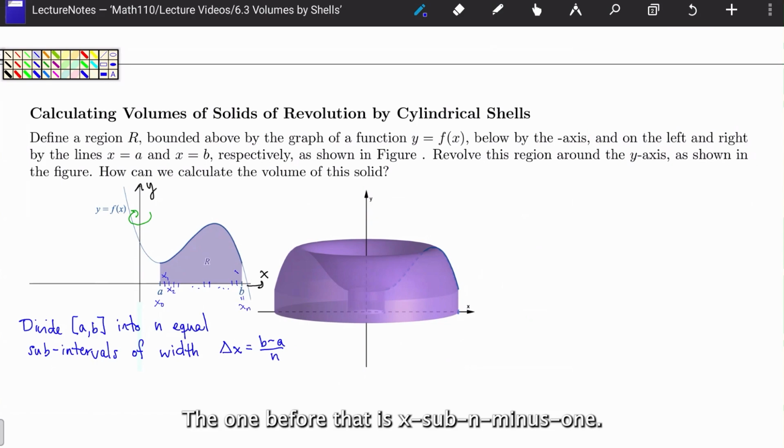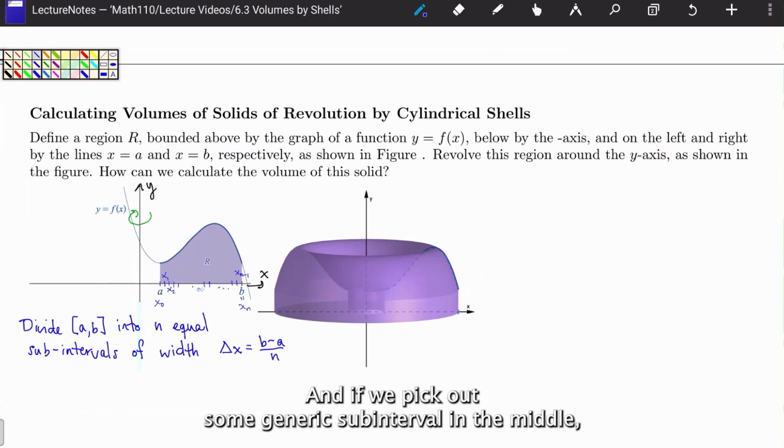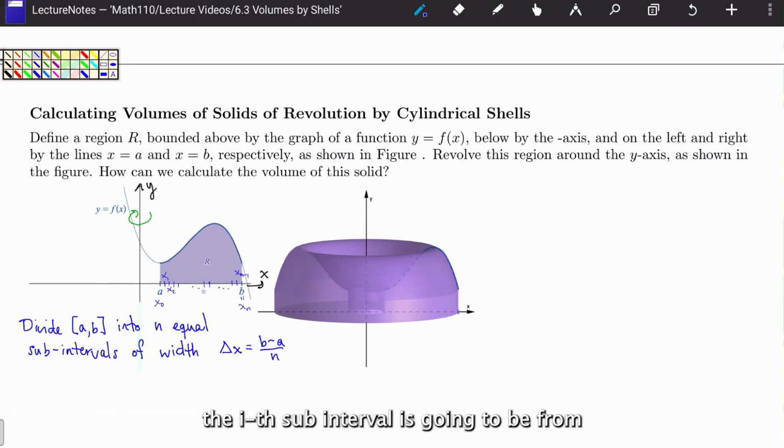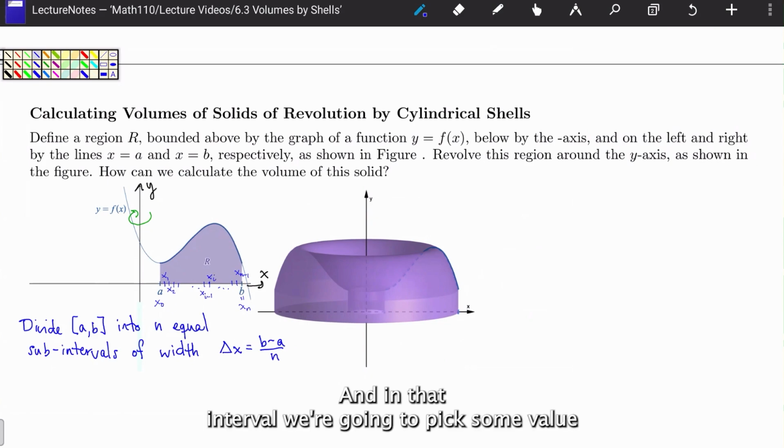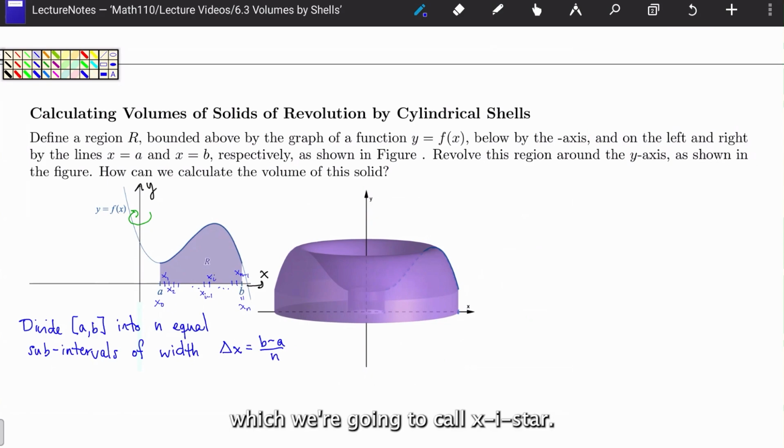One before that is x sub n minus 1. If we pick out some generic subinterval in the middle, the ith subinterval is from x sub i minus 1 to x sub i. In that interval, we pick some value which we call x i star.